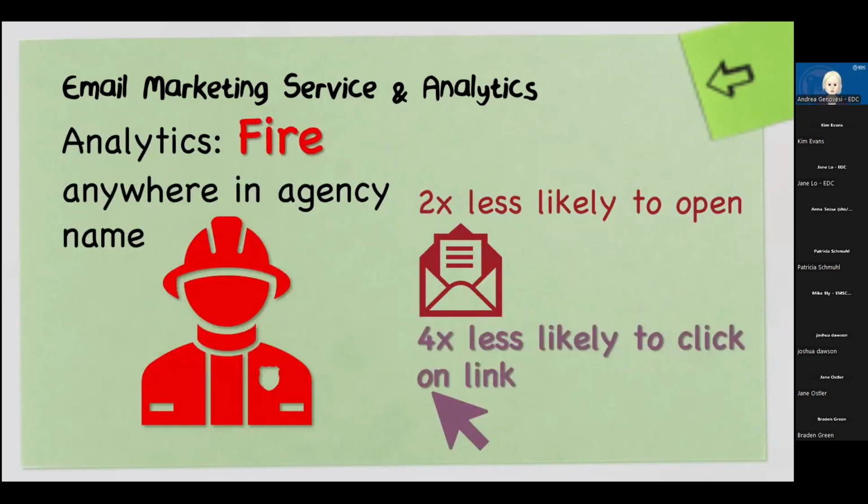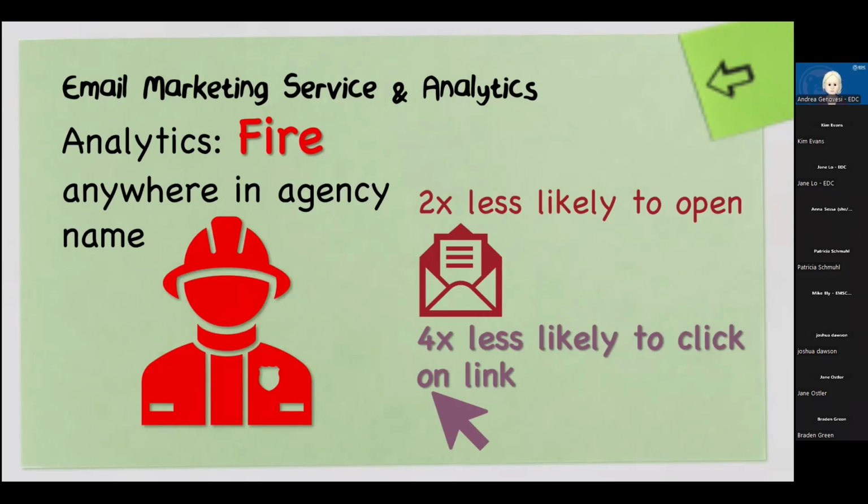But also we had all these analytics on the open rate and click rate. And we looked at lots of different things. And the only significant difference we saw is if they had the word fire, fire department, FD, VFD, things like that, anywhere in the agency name, those agencies were 2 times less likely to open the emails. And if they opened the emails, they were 4 times less likely to click on the link.